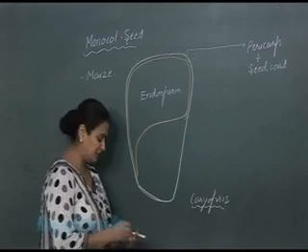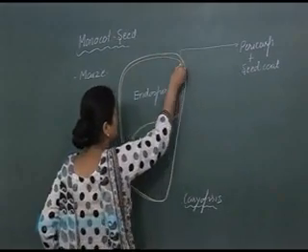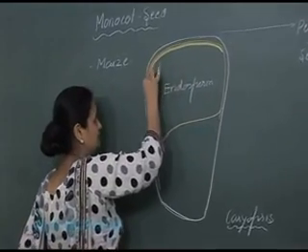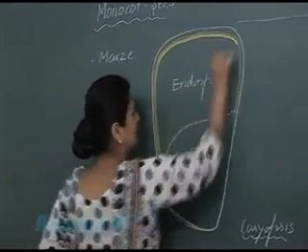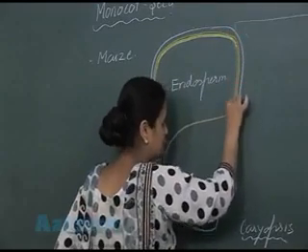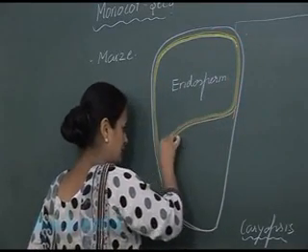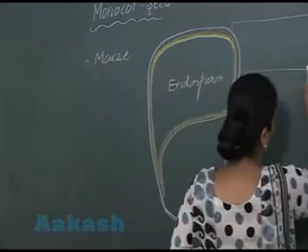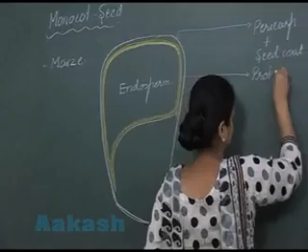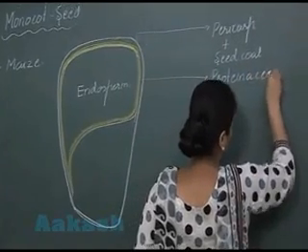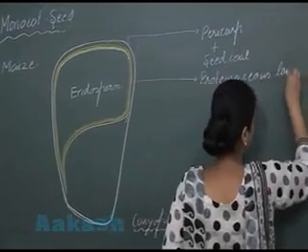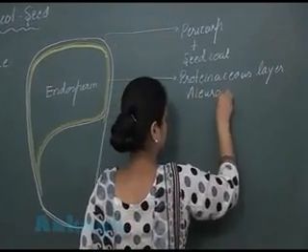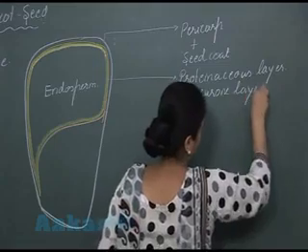Now, in the case of the maize, the outermost layer of the endosperm is proteinaceous, and this proteinaceous layer is known as aleurone layer.